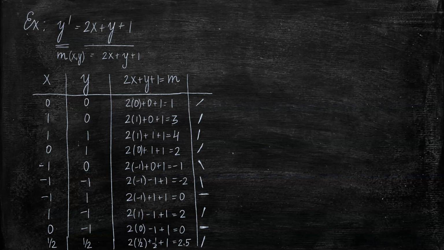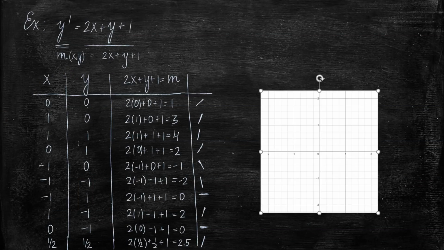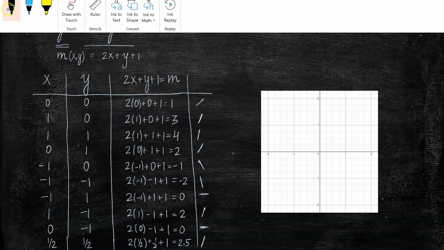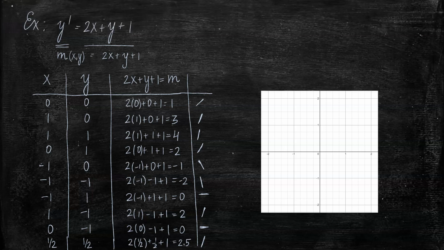And what do we do with that? So with that, we can plot those individual slopes at each of the individual points for which we computed them. So at 0, 0, the slope is 1.